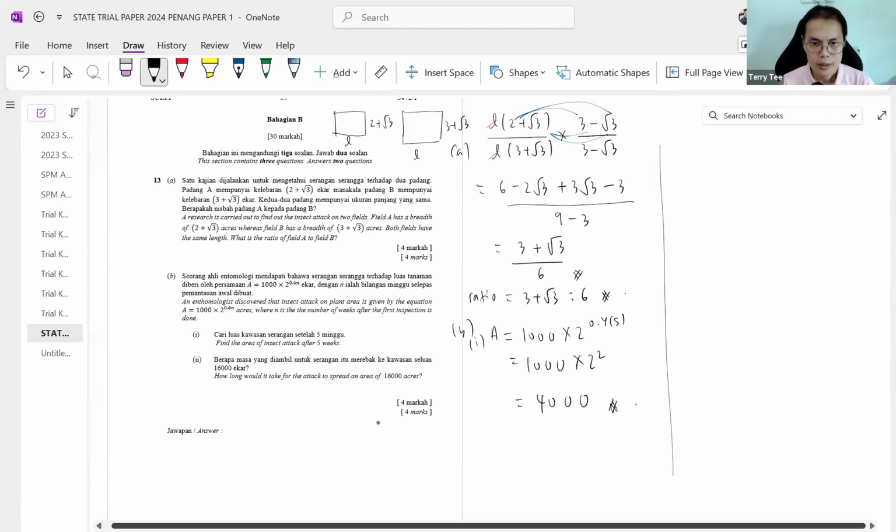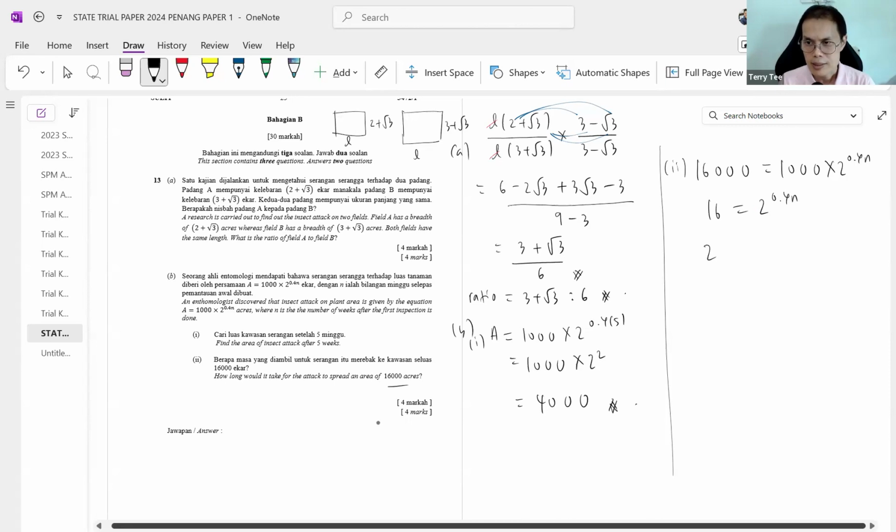Okay. Now, then next one. How long would it take for the attack to spread to an area of 16,000? So let us replace your A with 16,000 and equate it with 1000 times 2 to the power of 0.4n. Very simple. This is a simple indicial equation. Take 16,000 divided by 1000, you get 2 to the power of 0.4n equals 16.